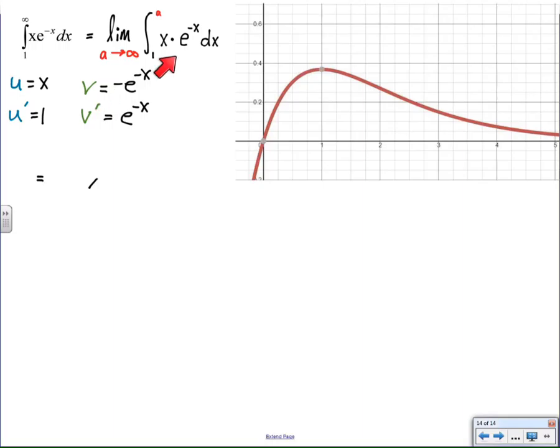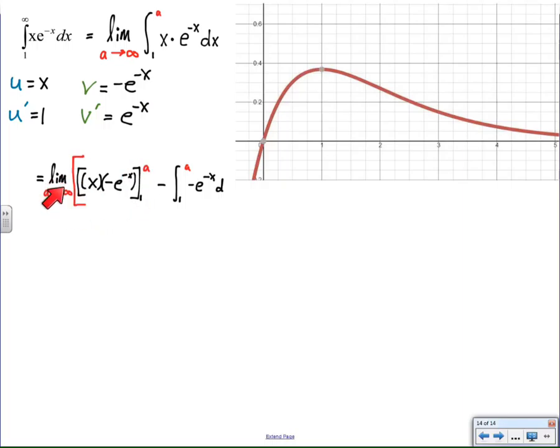So, continuing on then with the algorithm, this is u v prime. So the integral of u v prime is going to be u times v. So notice, because it's a bounded integral, when you do the integration by parts algorithm, we then do our fundamental theorem boundary evaluations inside.